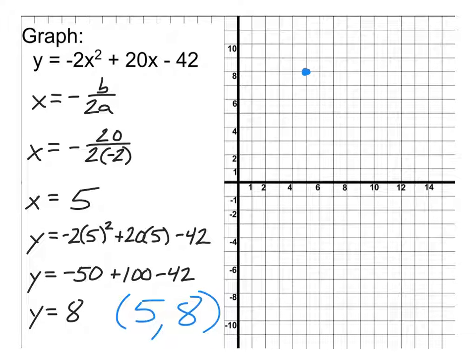And then, all I need to know from here is that the a value is negative 2. Now that actually is telling us two different things. The negative tells us that it's going to be opening downward. The 2 tells us that we're going to have a vertical stretch by a factor of 2. So instead of going over 1 down 1, we're going to go over 1 down 2.